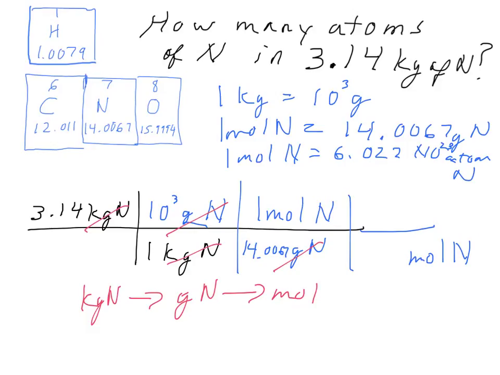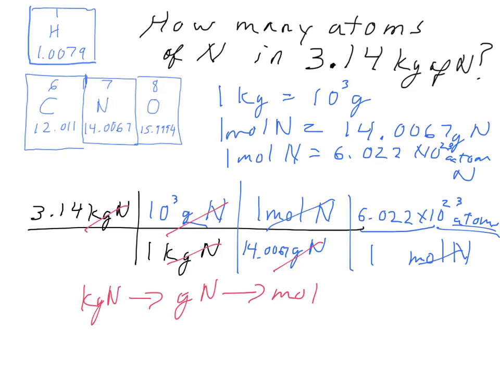So I know that 1 mole of nitrogen is 6.022 times 10 to the 23rd nitrogen atoms. So I'm going to multiply everything on top, divide through by everything on the bottom. Why am I done? Because I have the unit I'm looking for, right? Atoms of nitrogen.